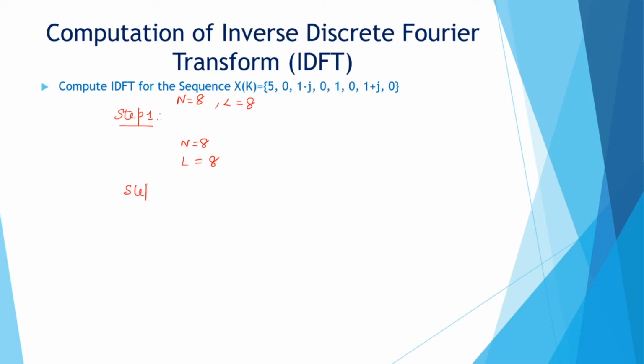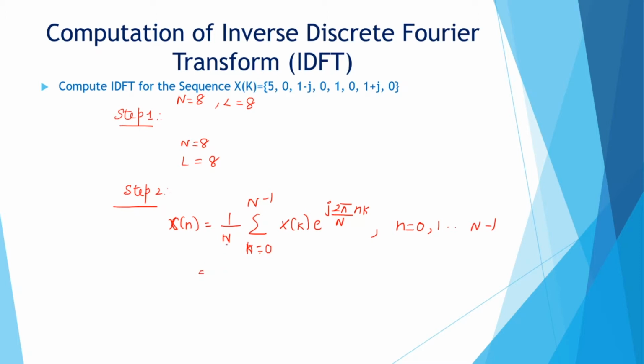This is step 2. So what is the formula for IDFT? x of n is equal to 1 by N summation k equal to 0 to N minus 1, X of k e power j 2 pi by N into nk, where n varies from 0 to N minus 1.